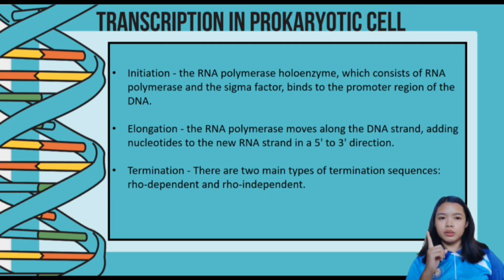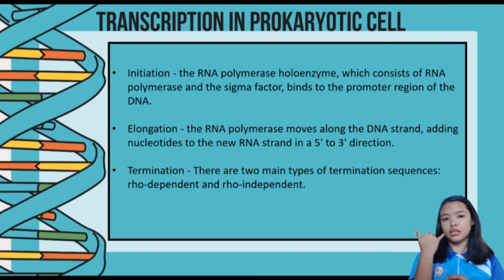The RNA polymerase has five units: one beta, one beta prime, two alpha, and one omega. The largest of them is the beta factor, and the smallest is omega. So the RNA polymerase has five units.